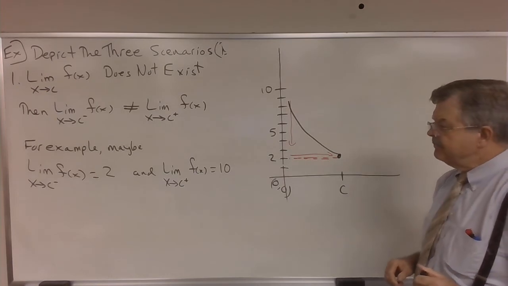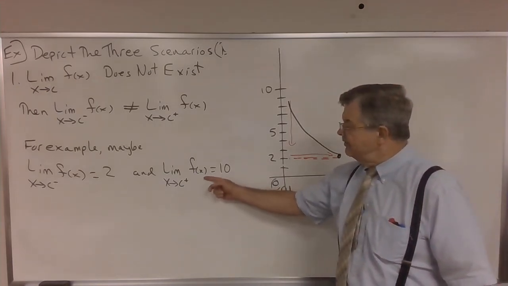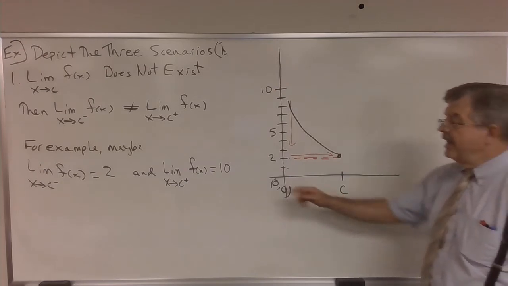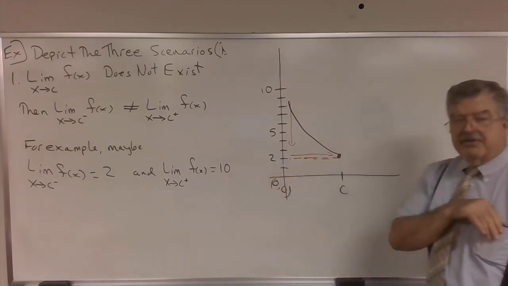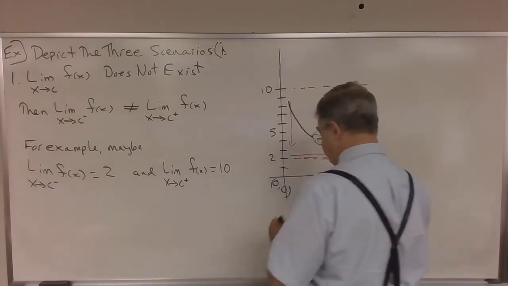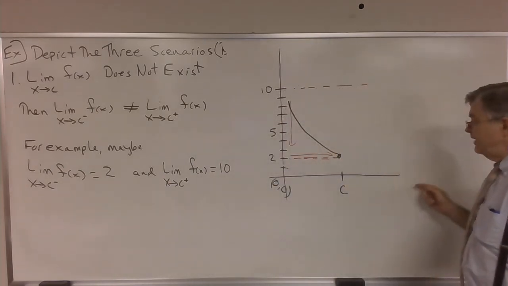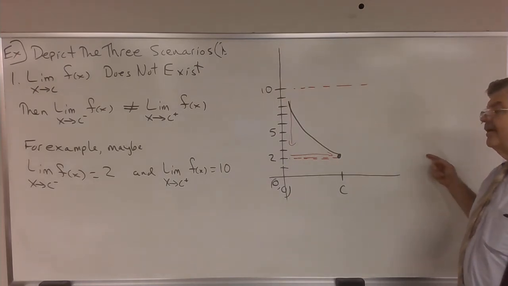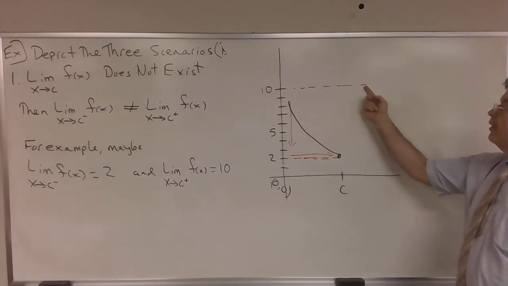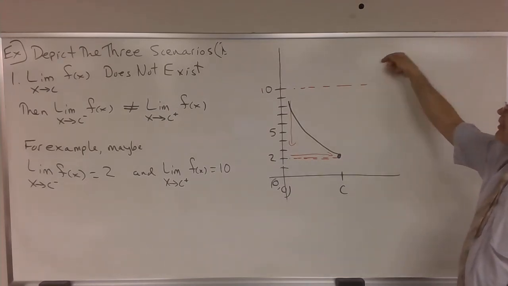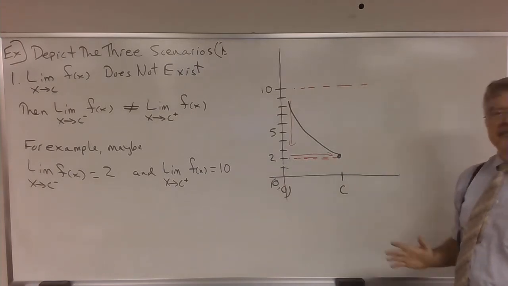Now, this limit says as x approaches c from the right, f of x, the y value, gets close to 10. Now, f of x, the y value, may approach 10 from below, or it may approach 10 from above.